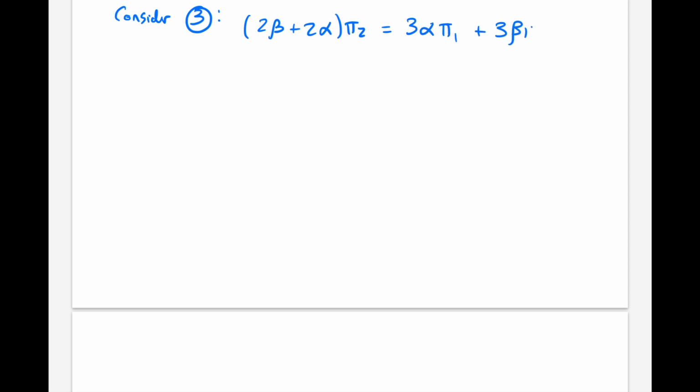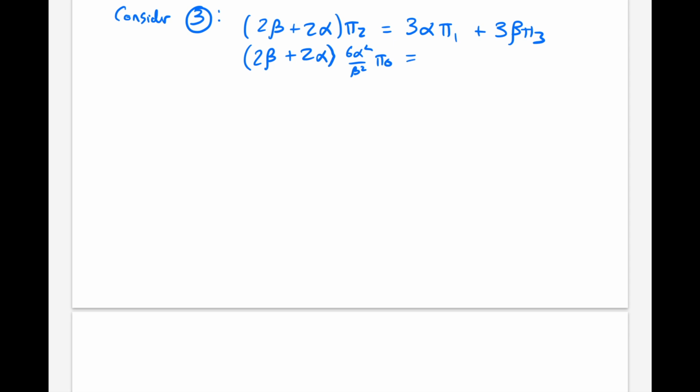To put pi 3 in terms of pi 0, we will consider equation 3. 2 beta plus 2 alpha pi 2 is equal to 3 alpha pi 1 plus 3 beta pi 3. Pi 2 and pi 1 we both have in terms of pi 0, so we can make that substitution. 2 beta plus 2 alpha times 6 alpha squared over beta squared pi 0.